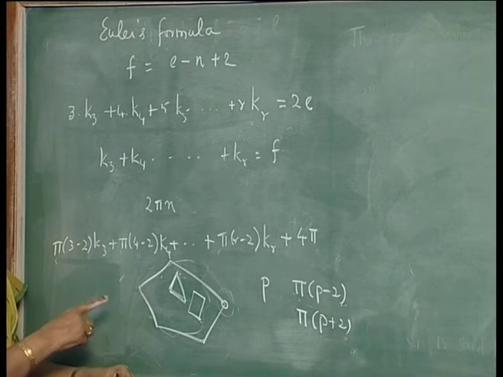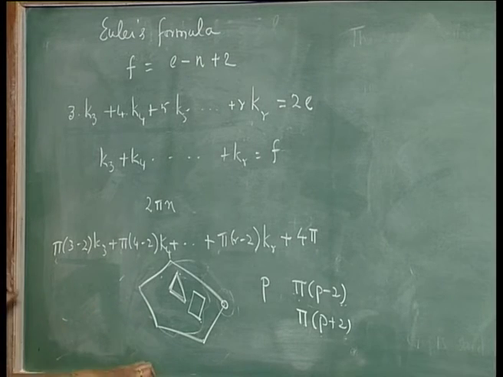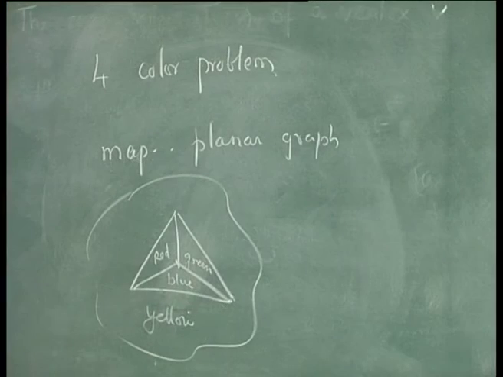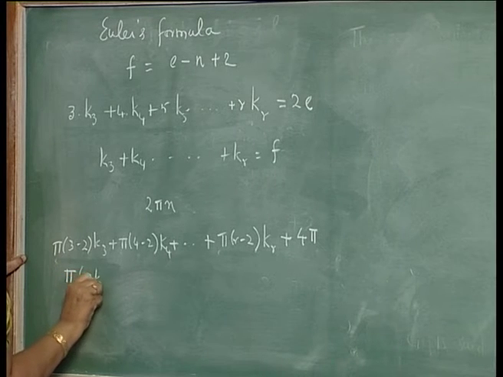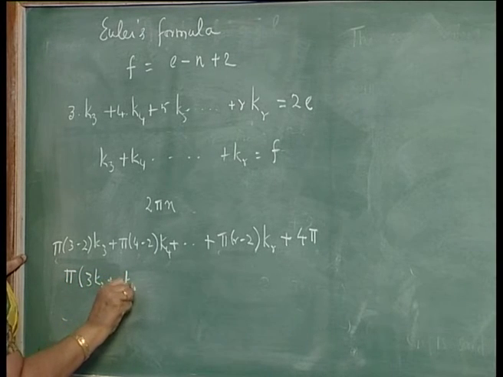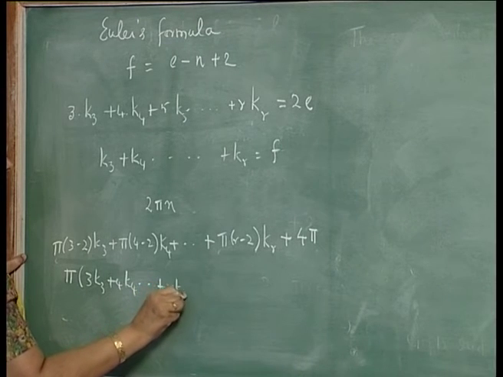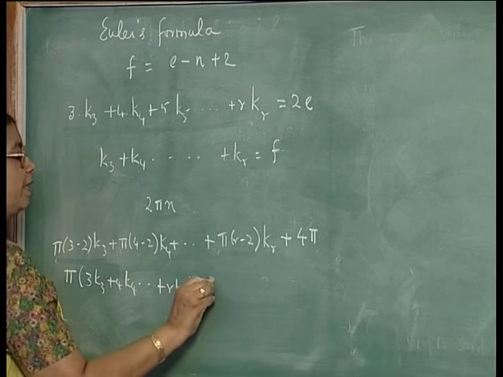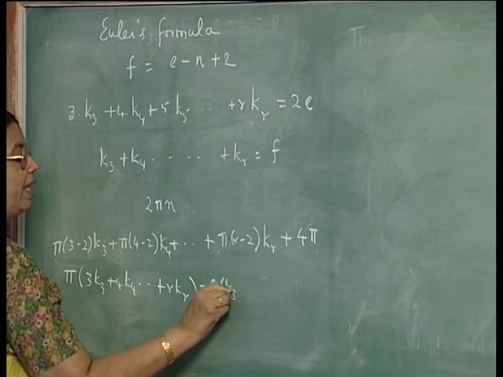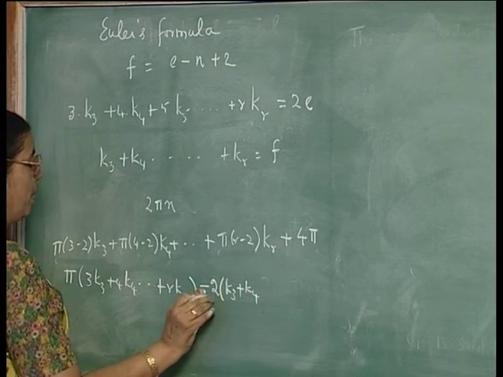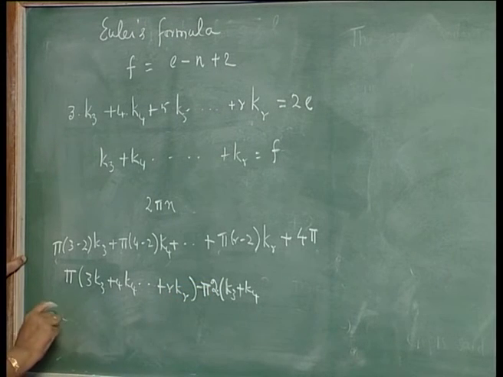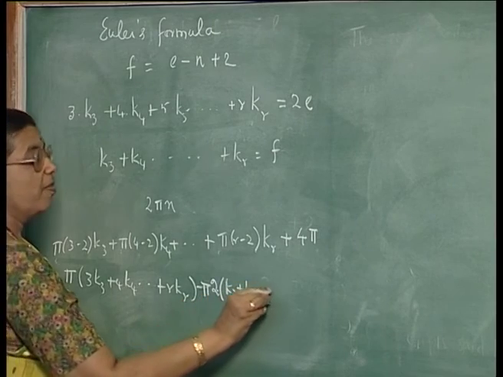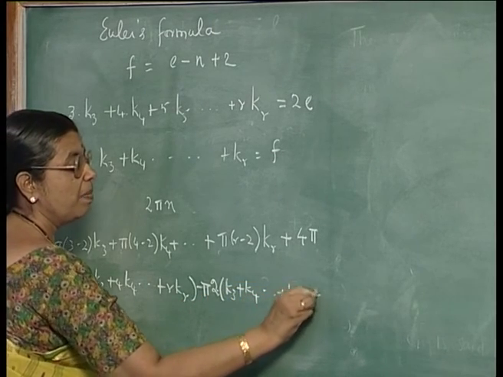And you know that, let us simplify this expression. This is equal to 2 pi n. This you can write as pi into 3 K3 plus 4 K4 etc. plus r Kr, minus pi into 2 times K3 plus K4 plus Kr, plus 4 pi.